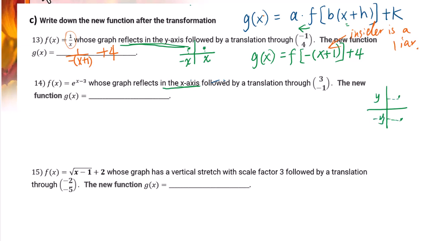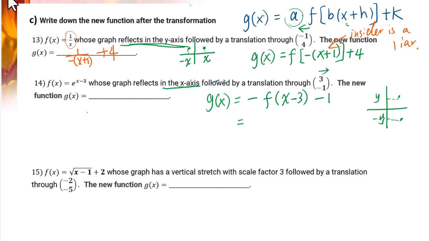You could see this reflection is related to y. That means this a. So g of x equals negative f of, translate to the right, x minus 3, then minus 1.